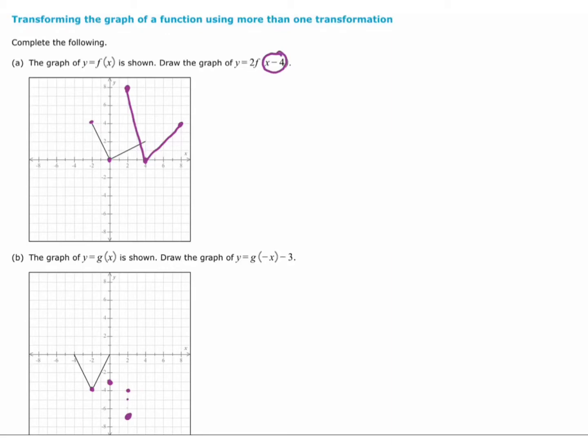So we'll get rid of these other points that we don't need now. All right. And then we've got this point. We're going across the y-axis, so we go over to 4. Then we go down 3, 1, 2, 3, and we end up here. So this is our new graph.